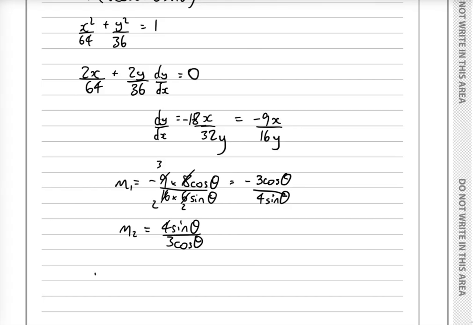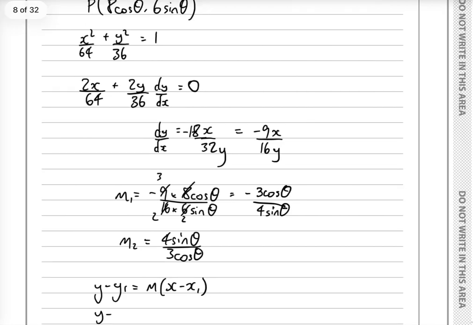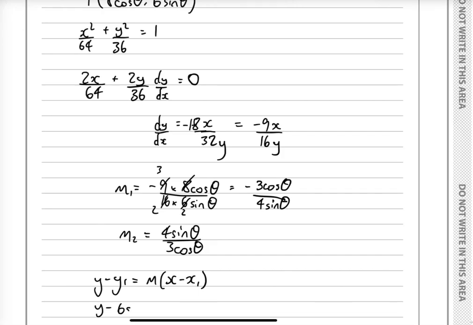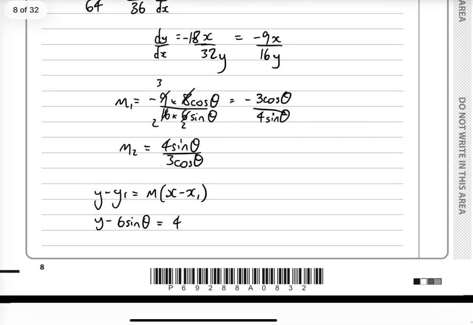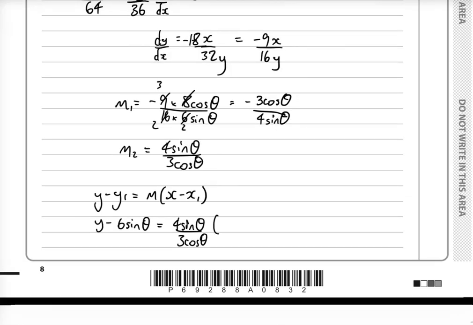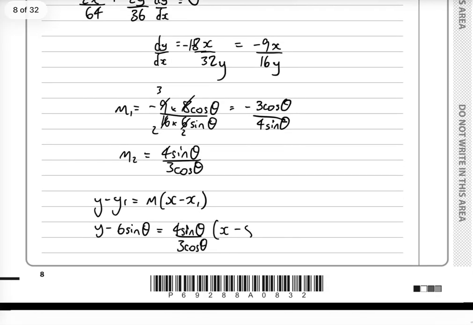Put that into our normal line equation: y minus y1 is equal to m times x minus x1, using P, and we get y minus 6 sine theta is equal to 4 sine theta over 3 cos theta times x minus x1, which was 8 cos theta.